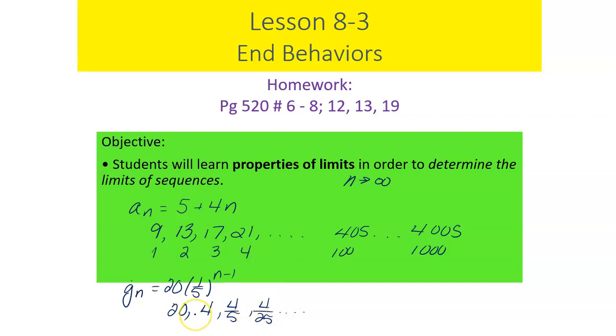If I wanted to find the 100th term, I would have 20 times 1/5 to the 99th, and it went to scientific notation.